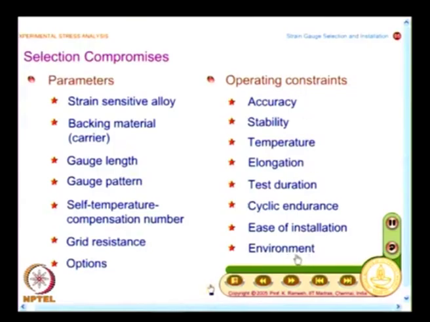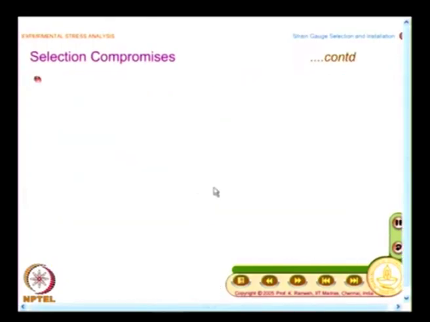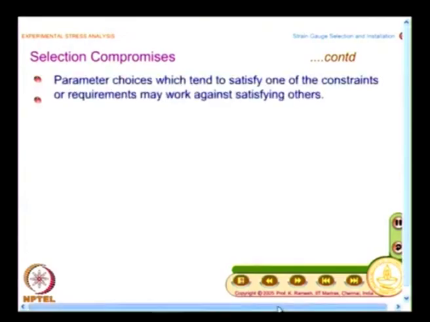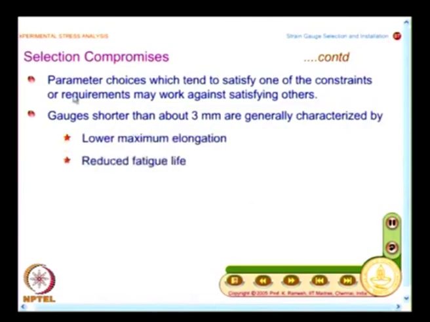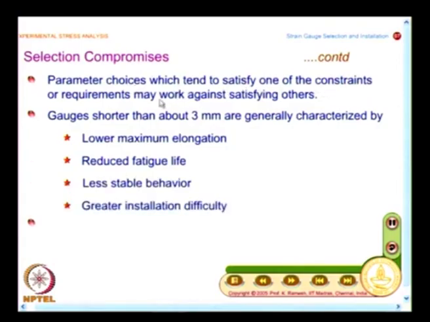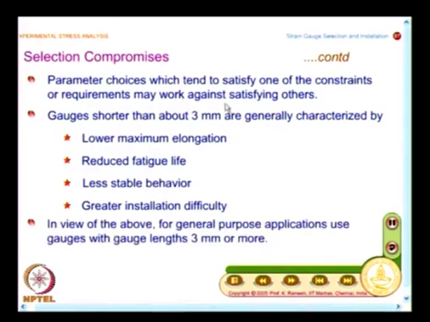And finally, what is the environment? Am I working at room temperature or am I working in an aggressive environment like exposure to sea water? And obviously, when you have a selection, parameter choices which tend to satisfy one of the constraints or requirements may work against satisfying others.